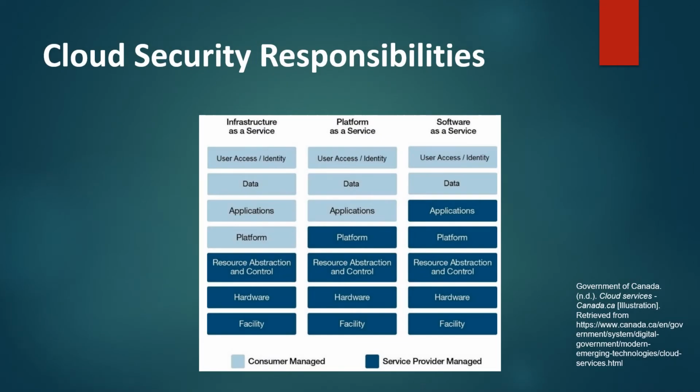We have seen this chart before. If you still remember when we discussed the shared responsibility between cloud service provider and cloud customers, this chart illustrates the part that falls into cloud customers' responsibility, the data protection.